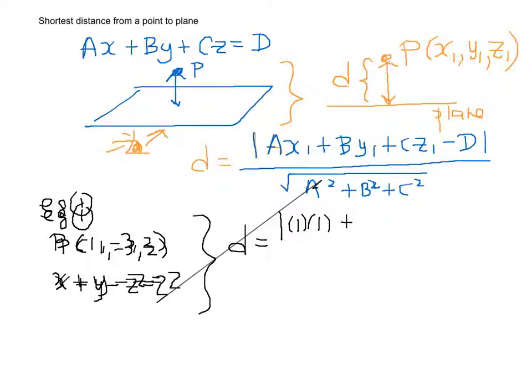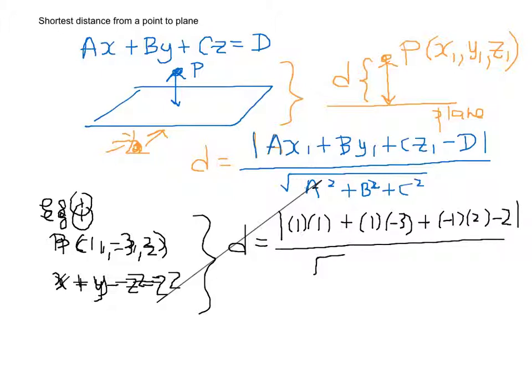Plus b, the coefficient of y, is -3, and c is -1, times 2, and minus d, and in this case d is 2, so there will be minus 2, all divided by the square root of 1 squared plus 1 squared plus (-1) squared.